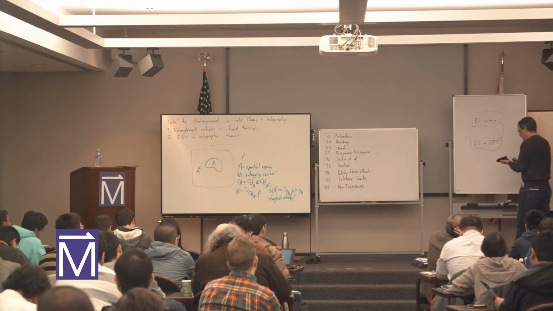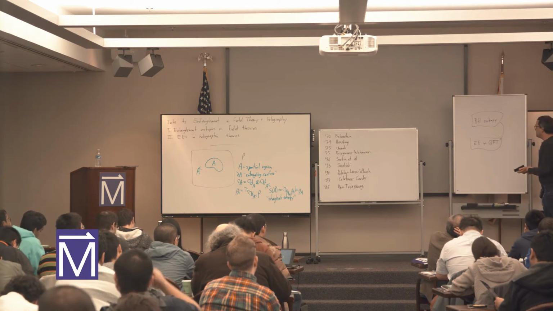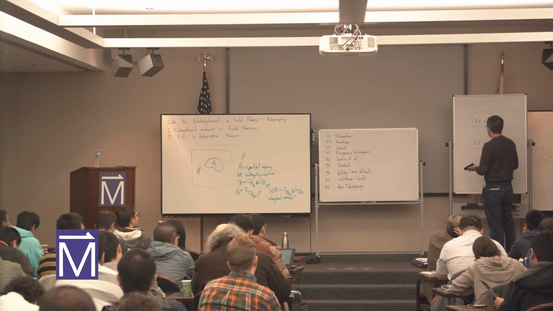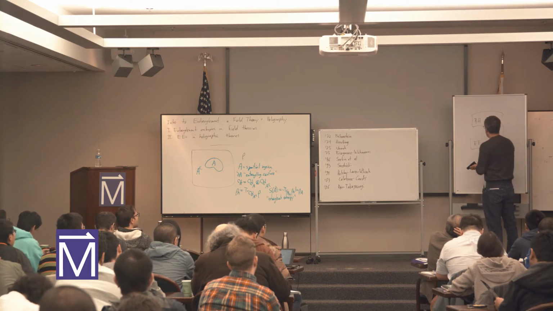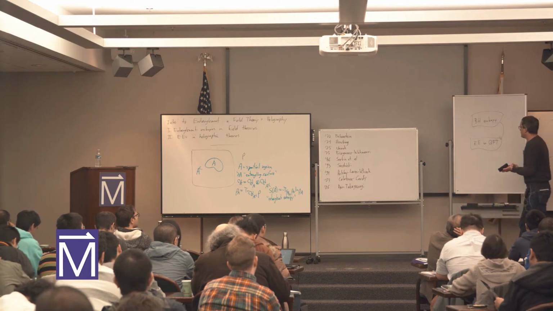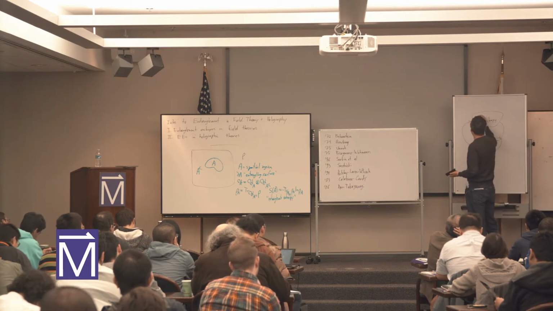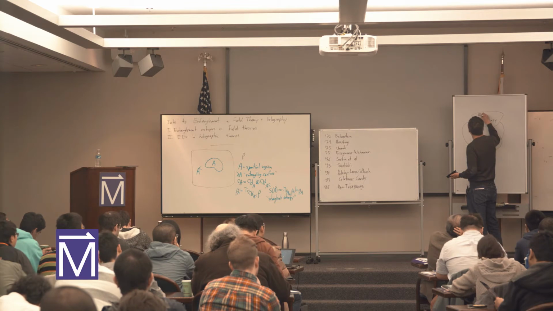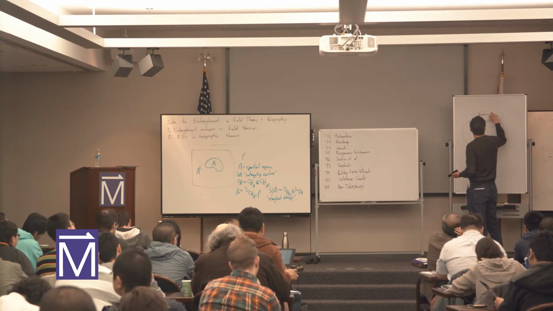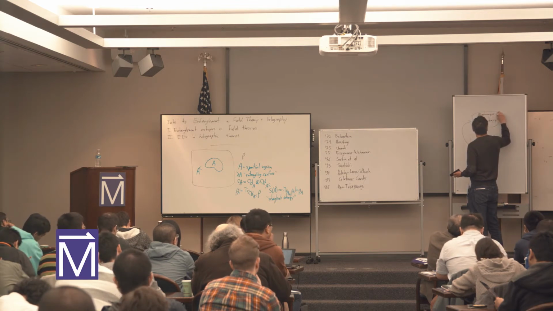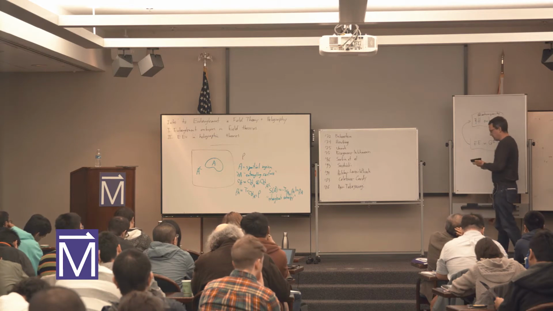And then more recently, it's come back full circle, and thinking about entanglement entropy in quantum field theory has led to new results in understanding gravity, quantum gravity, and black hole entropy. So let me tell a little bit about the history.